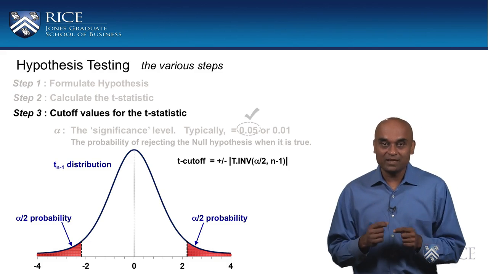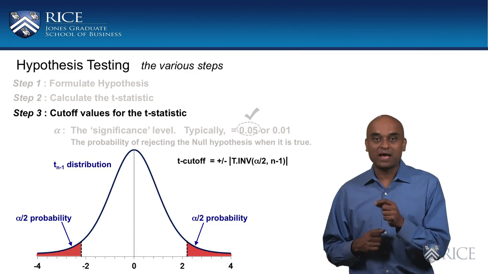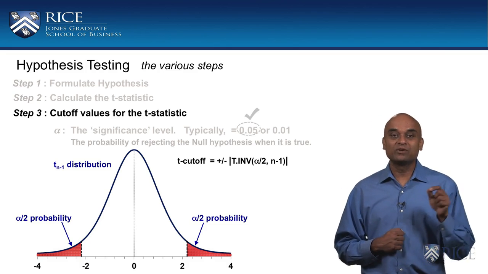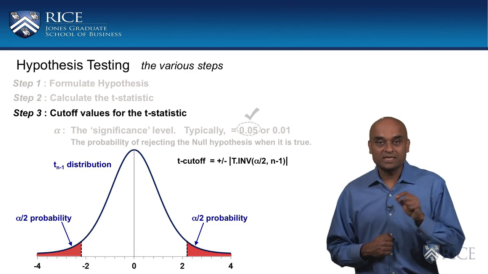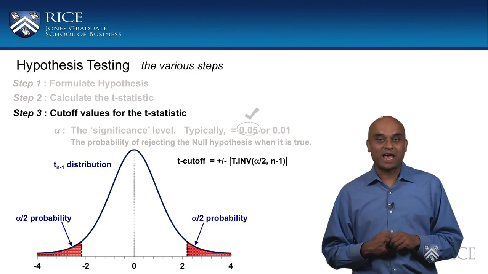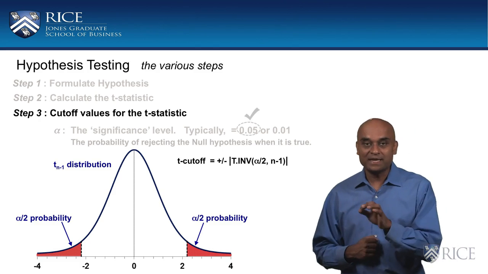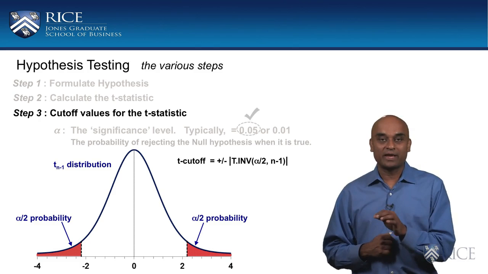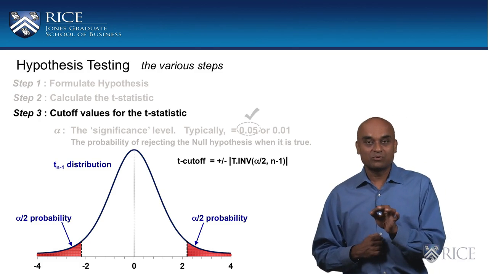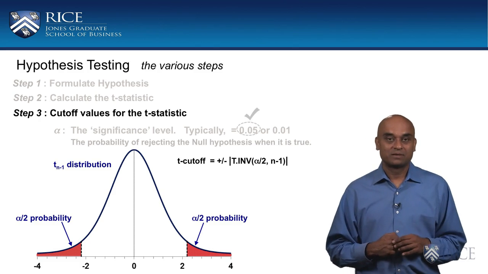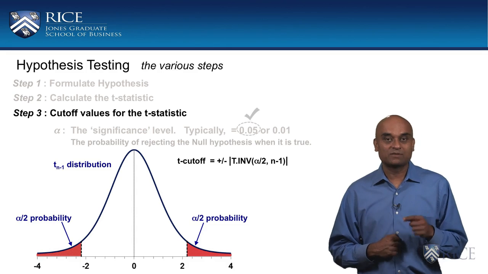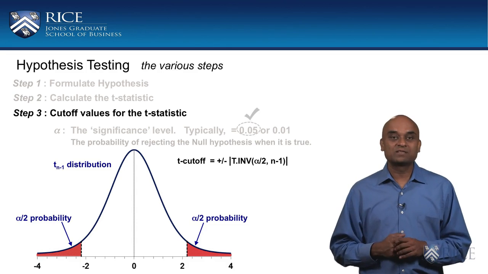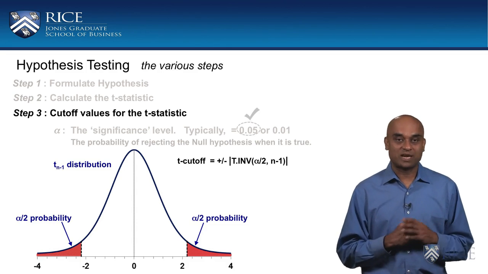Using our familiarity with the T.INV function for the t distribution introduced in this course, these cutoff values can be calculated as plus minus the absolute value of T.INV(alpha by 2, n minus 1). Note that the plus sign is for the rejection region on the right side and the minus sign is for the rejection region on the left side.